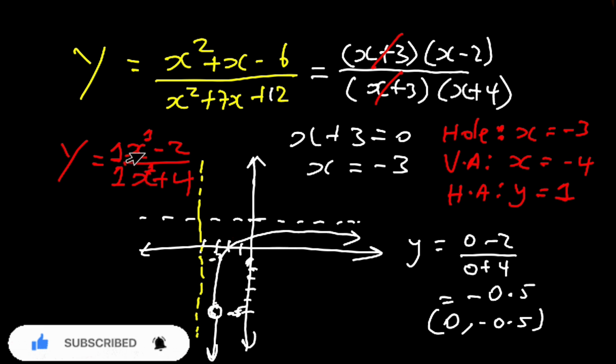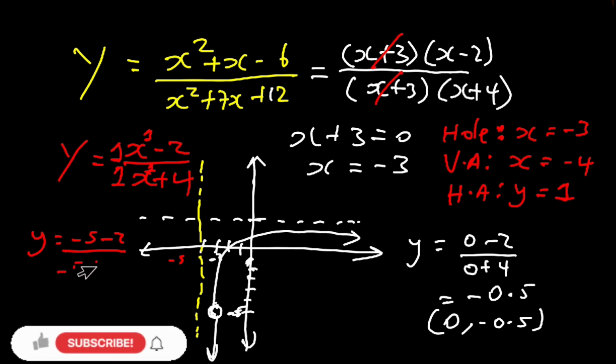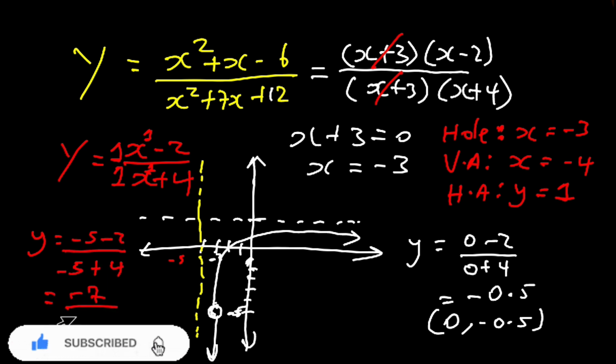So let's focus on the left hand side of this vertical asymptote. Let's pick the number -5. So if you plug in -5 here, we're going to have y equals -5 minus 2 divided by -5 plus 4. So that's -7 divided by -1.